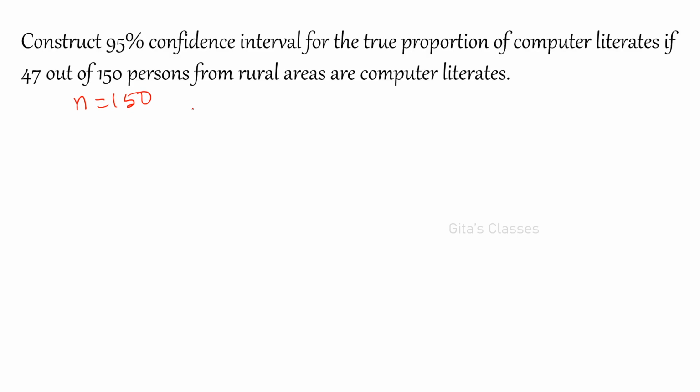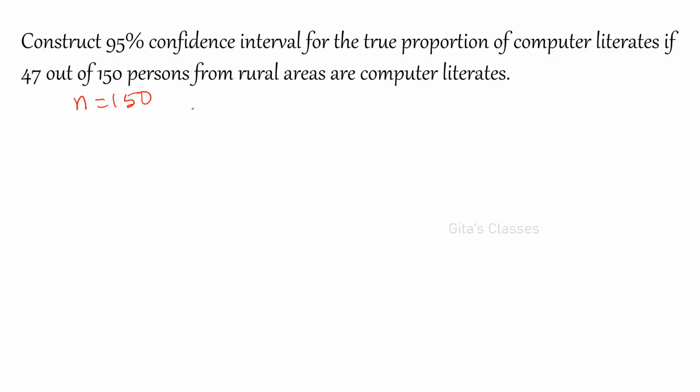Otherwise, for mean it will be given as average of, mean of. Directly they will give, otherwise average of. Somewhere it will be mentioned, you have to search for the key point. Here 47 out of 150 is a clue that it is a proportion.